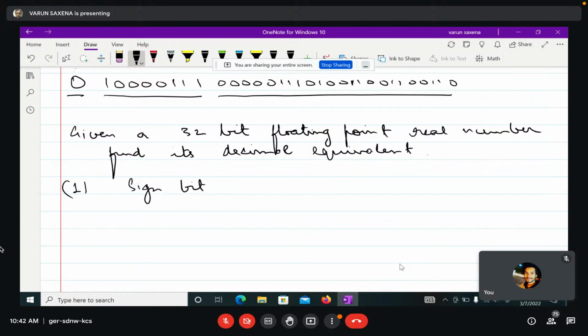The sign bit will tell whether the number is positive or negative.